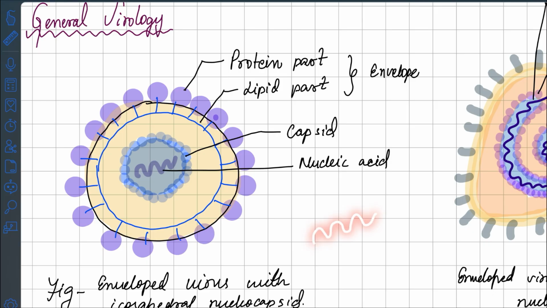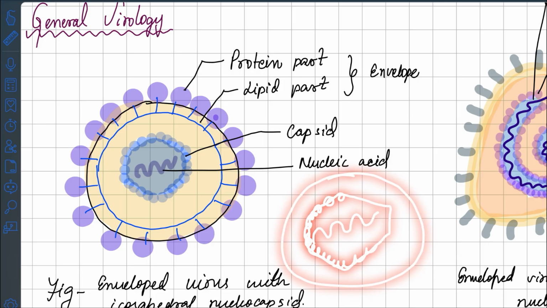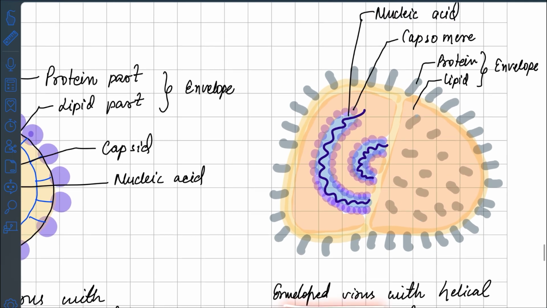This is the DNA or nucleic acid, can be RNA as well. This is the icosahedral nucleocapsid. The envelope is made up of two parts. The inner one is the lipid part and the outer one is the protein part. Now here is the enveloped virus with helical nucleocapsid.